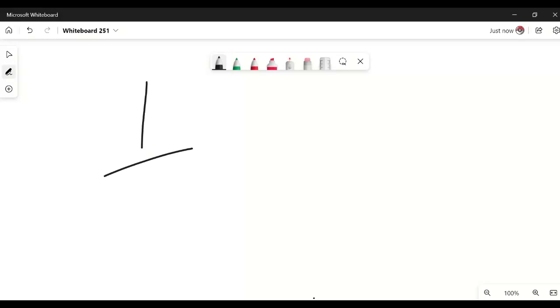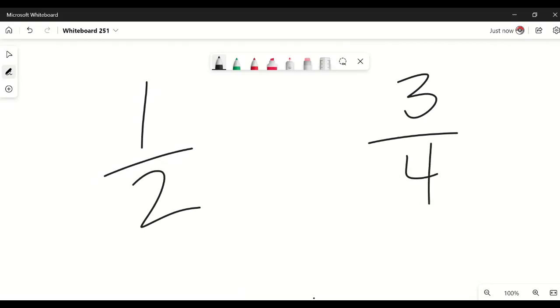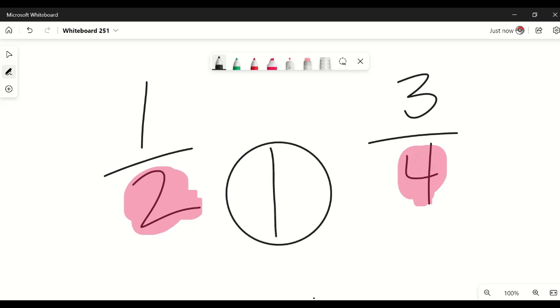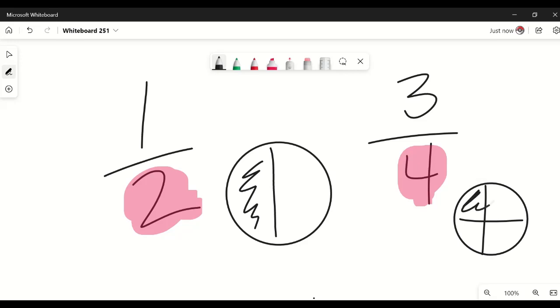So for example, if I have 1/2 and 3/4, the fractions cannot be compared as is because the denominators are different. Now, if you know how to split 1/2 and 3/4, you know that 3/4 is bigger than 1/2.